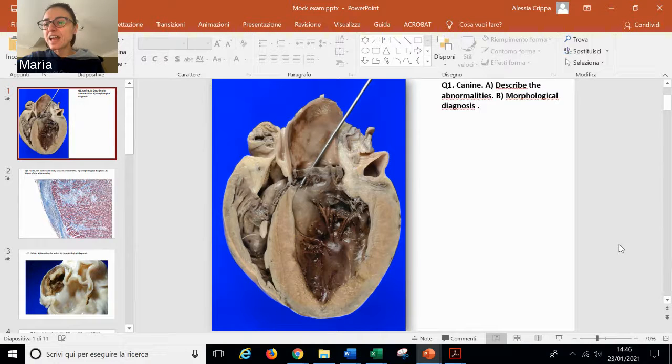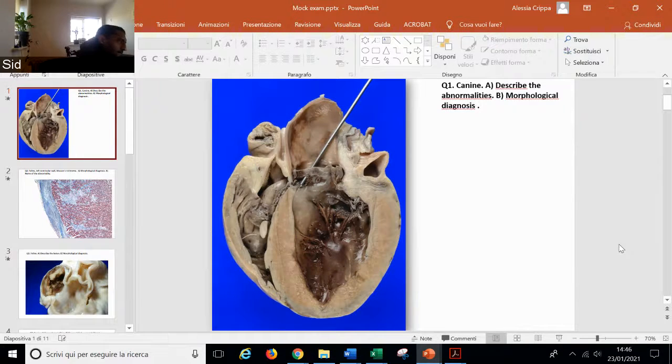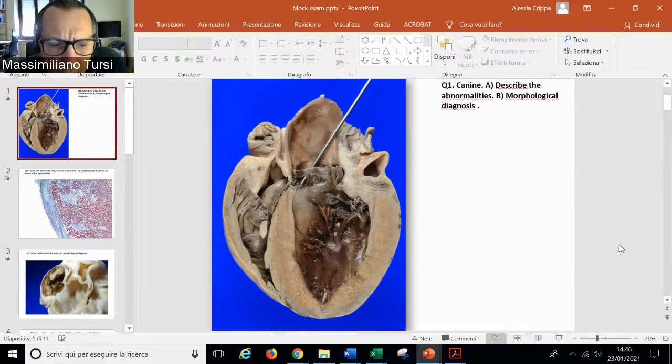Okay. I was wondering if there is a lesion in the valve. I think Maria just said she wondered if there was a lesion on the valve. Okay. Can you hear me, Massimiliano? Sure. Oh, okay.